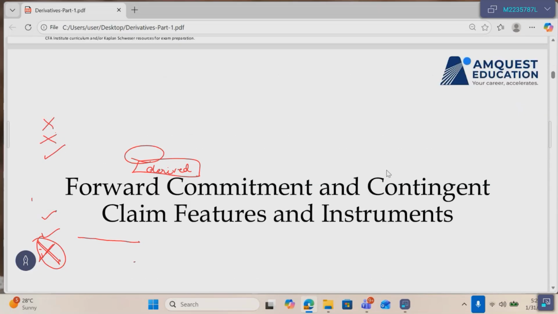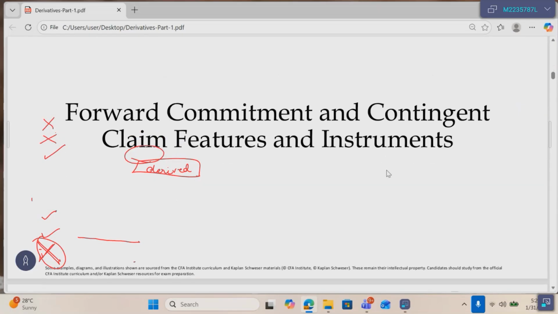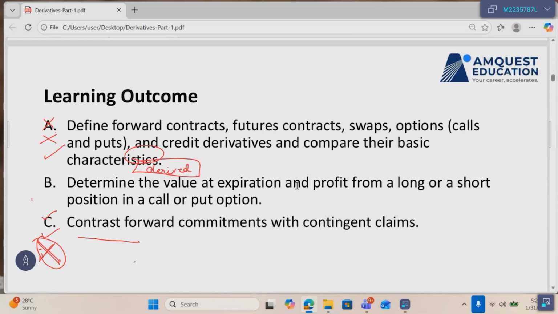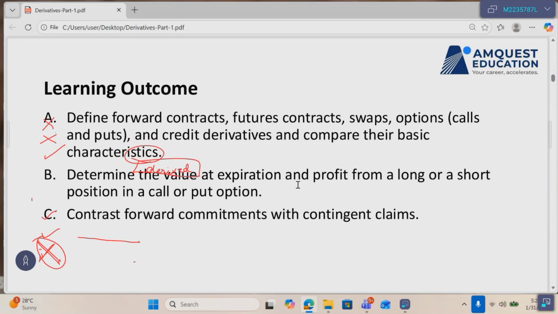Now, let's quickly look at how the commitments work and what the features are. Please understand what the institute expects you to know and learn. The learning outcomes are defining what forward contracts are, futures contracts, swaps. Like I told you, they will mainly make you understand these four very well, and obviously know what exactly you mean by credit derivatives and be able to compare and contrast them.